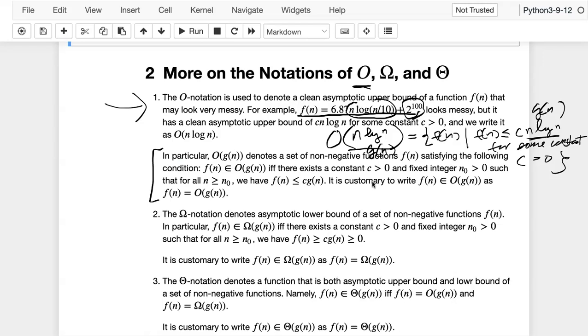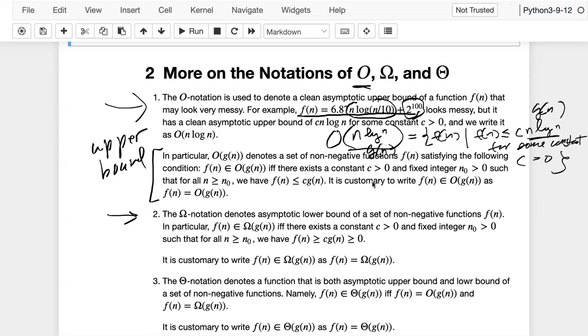And then the big omega notation: if we think of big O as the upper bound, then big omega indicates the lower bound.